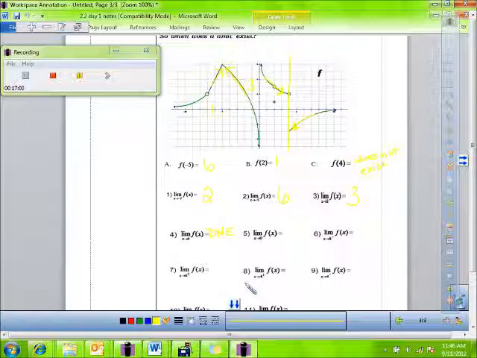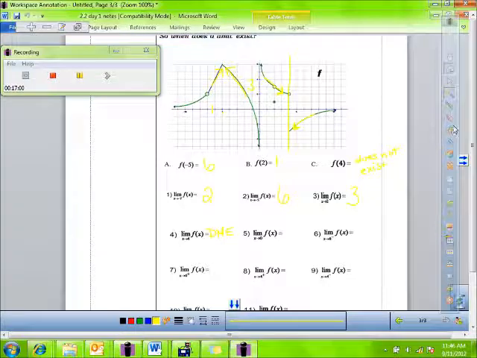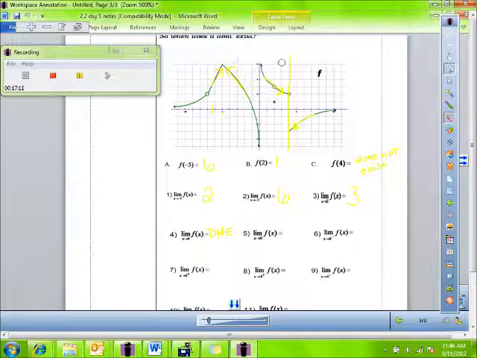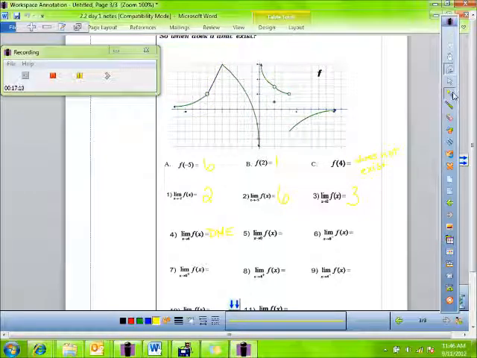Number 5, the limit as x approaches 0, let me write this. As we approach 0, you have to approach it both from the negative, or the left, or numbers less than 0.